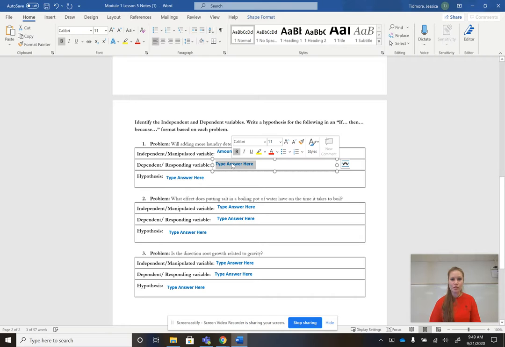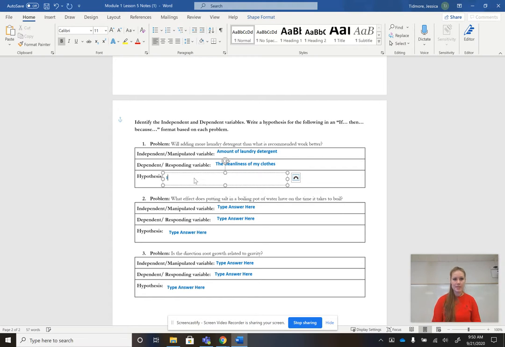And then what is responding is going to be the cleanliness of my clothes. Because it's saying it's recommended to work better. So the amount of laundry detergent, how clean are my clothes going to get?